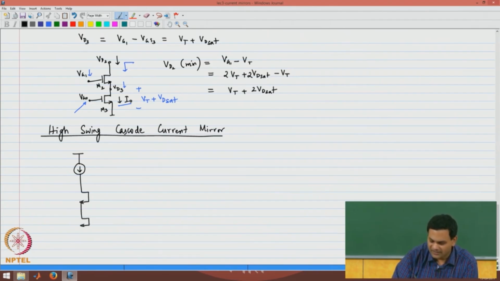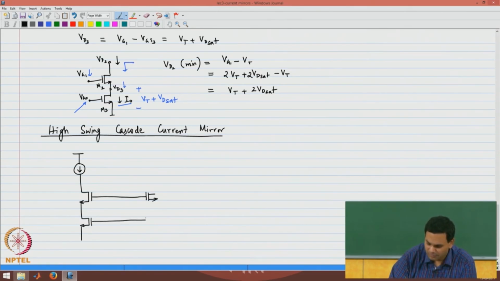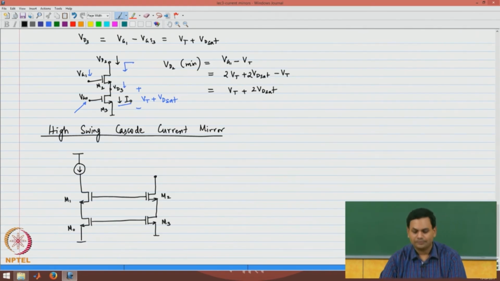Clearly, we still need the stack of two transistors on both sides to generate the large output resistance. However, I want to change the bias voltages at these two nodes.